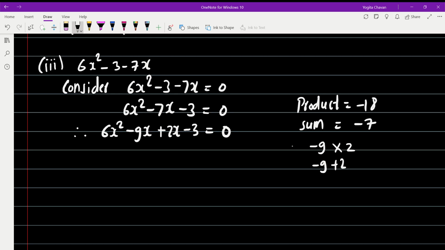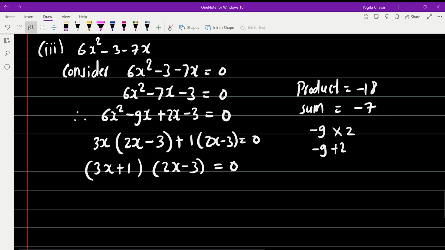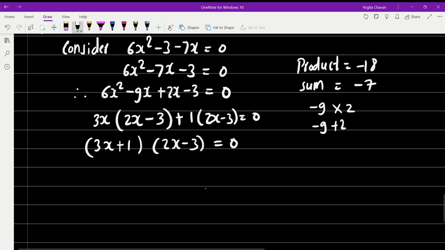Now take 3x common. So 3x from first two terms, 3x in bracket it is 2x minus 3, and plus, now take 1 common, it is 2x minus 3 is equal to 0. So 3x plus 1 into 2x minus 3 is equal to 0. So again product of two real numbers is 0, so one of them is guaranteed 0.